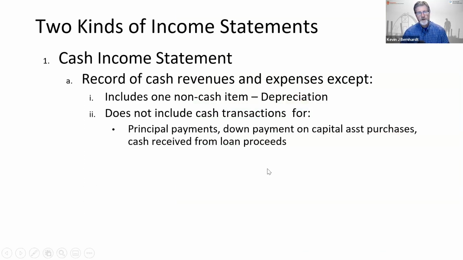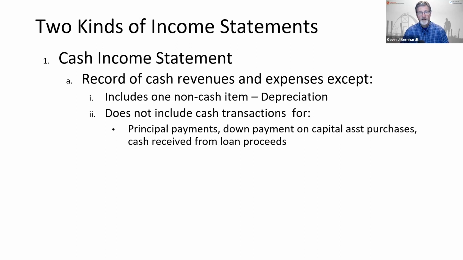There's also 2 kinds of income statements. Cash income statement is the one that we often are familiar with. It's a record of cash revenues and expenses, but there are some key things that are either not included or are included that kind of break that rule. One of them is there is one non-cash item that's included on the cash income statement, and that's depreciation. There's also several cash transactions that are not included on the income statement.